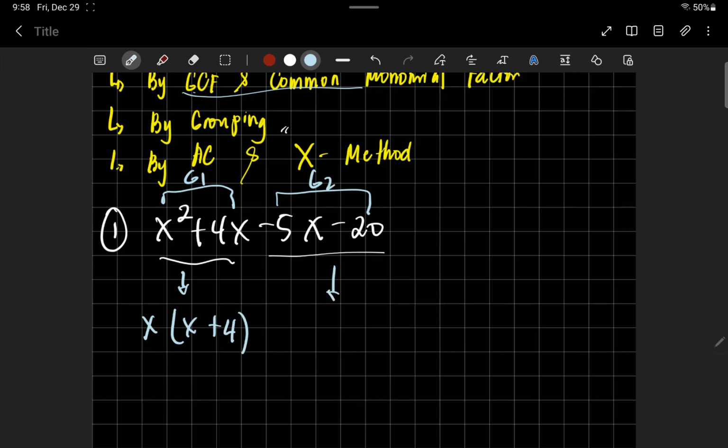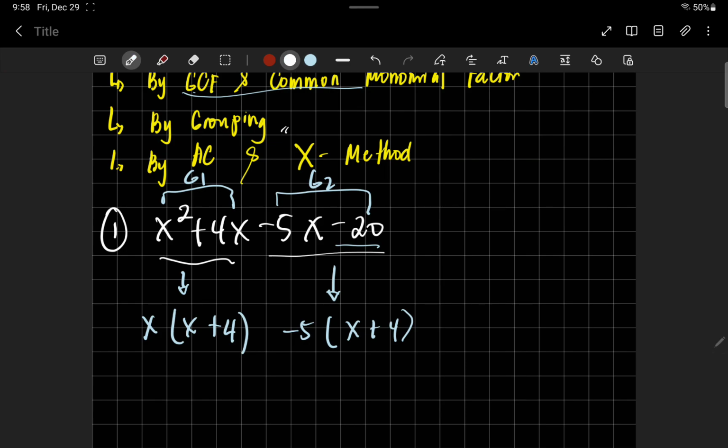Then, si negative 5x minus 20, they have a common factor which is negative 5. So, si negative 5 siya yung nasa labas. And negative 5x divided by negative 5 is x, and negative 20 divided by negative 5 is positive 4. And from that, we have here the factored form x times x plus 4 minus 5 times x plus 4.